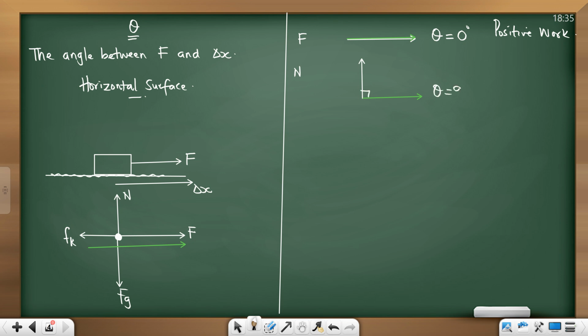Theta is what? What type of work? Zero work. Why zero work? Because cos 90 is 0. Are we together? We're splitting all of this. We'll bring everything together now and we'll be done. What's next? Friction.